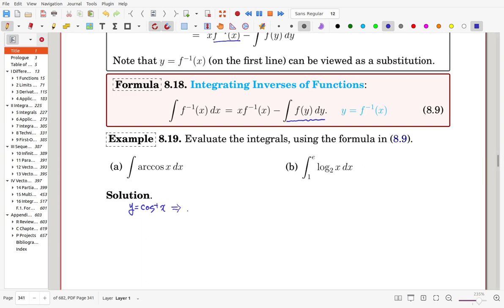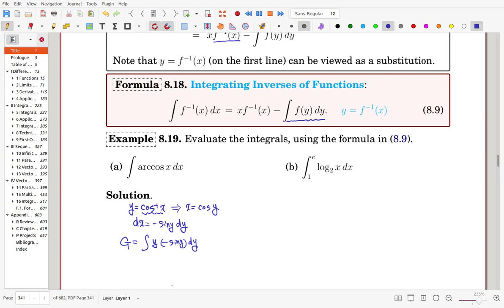That means x is cosine of y, so dx is the same as minus sine y dy, right? So the given integral is changed into y times minus sine y dy.